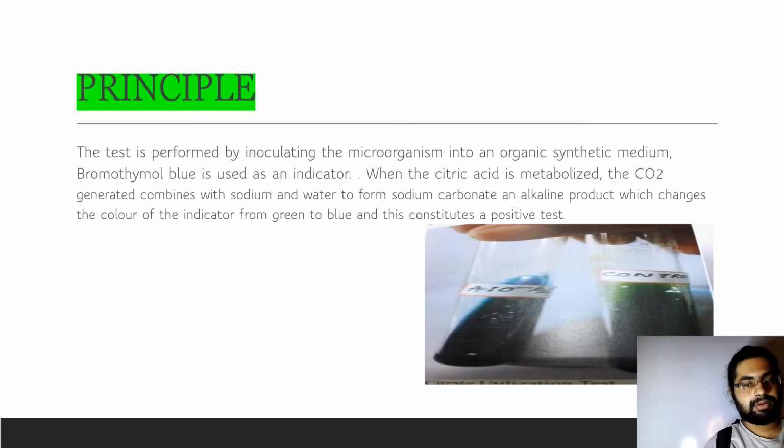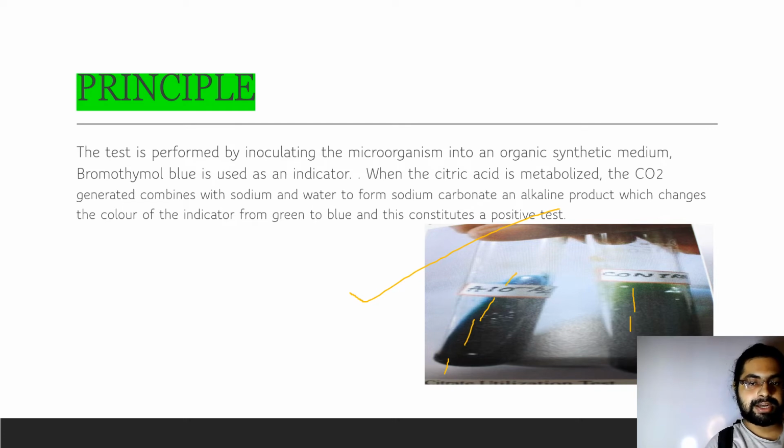Principle. It's very easy to understand if you see this picture. These are the test tubes. Actually, these test tubes are having slants. This media has a slope, like you find a slope here. These are called slants.